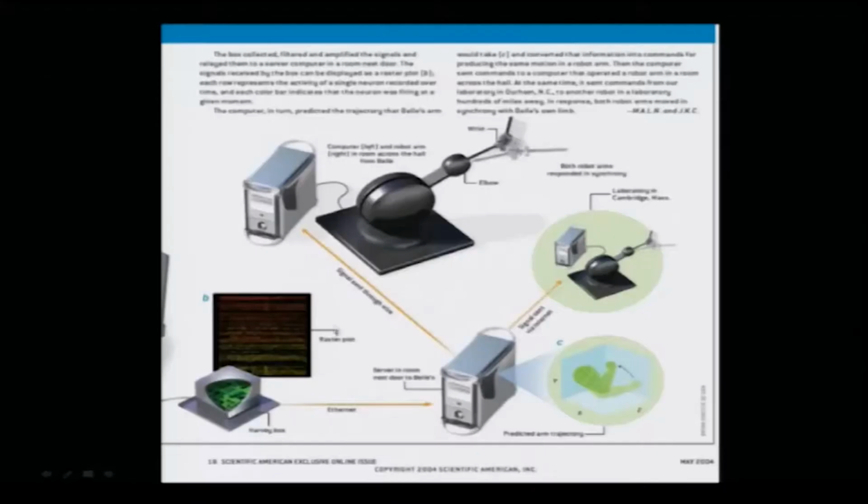Now going through the layout of this setup. This is the computer on the left, and this is the robotic arm sitting across the hall from Bailey, and this is the other robot in the laboratory in Cambridge, Massachusetts, interfaced with the computer. This is where Bailey is sitting, the Harvey box.